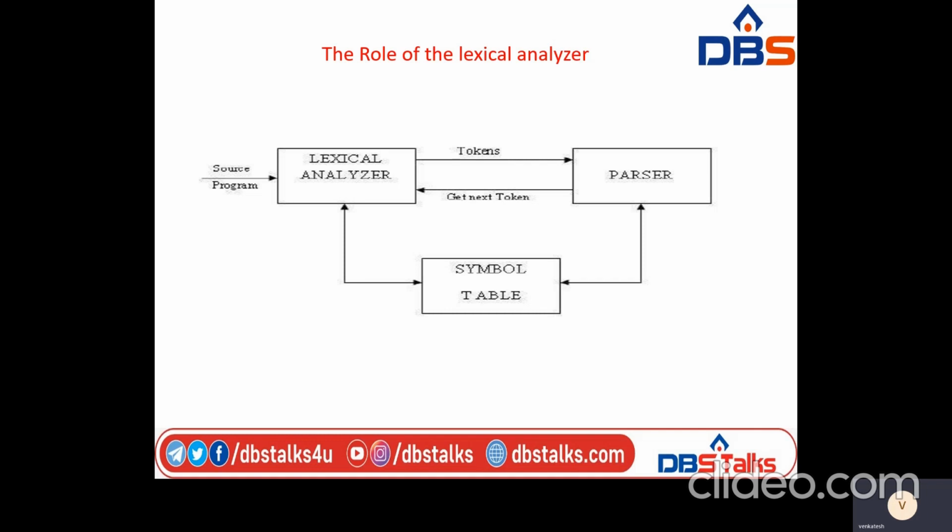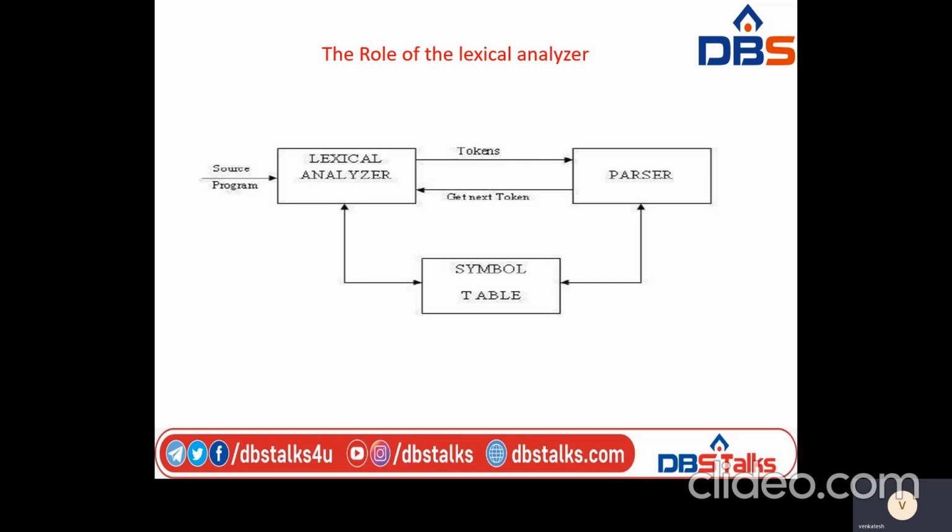Some lexical analyzers do additional tasks like stripping out comments and white spaces, that means blank spaces and tab spaces. A lexical analyzer provides error messages with line numbers and corresponding column numbers.